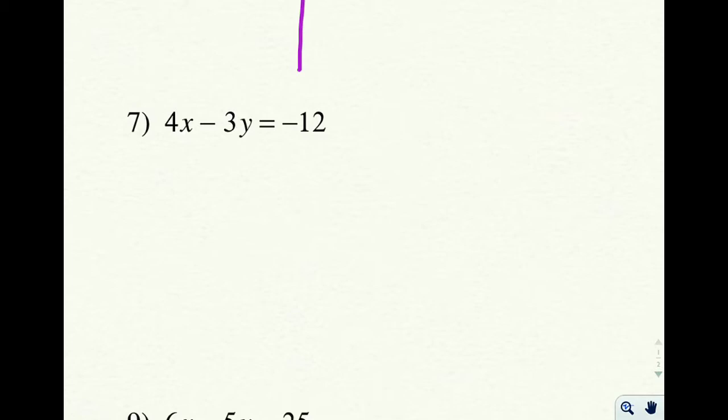One way is to get y alone so that it is in y-intercept form. So if we did that route, we would have to subtract 4x from both sides. We get -3y equals, and I'm going to put it with the x part first because I can redo the order of addition. So -4x plus a -12.